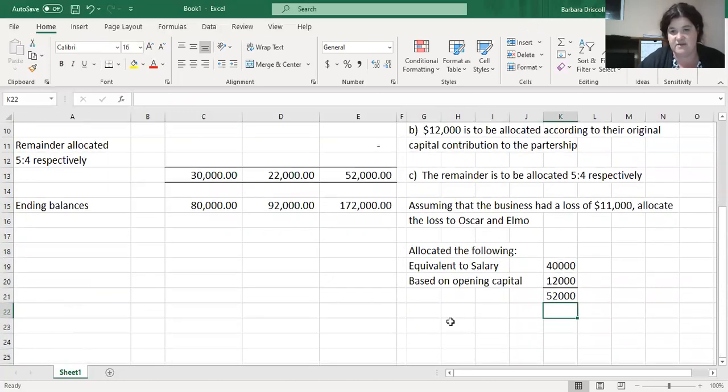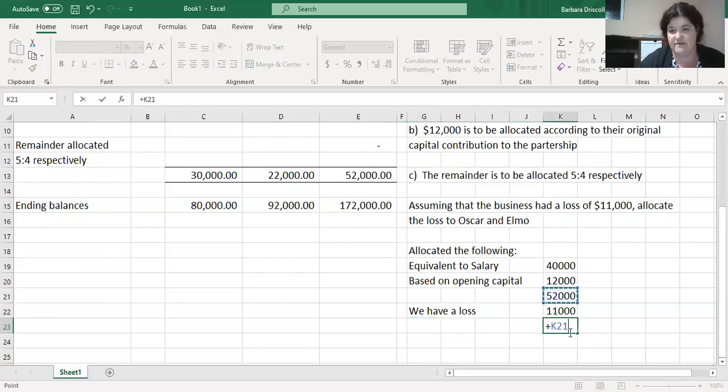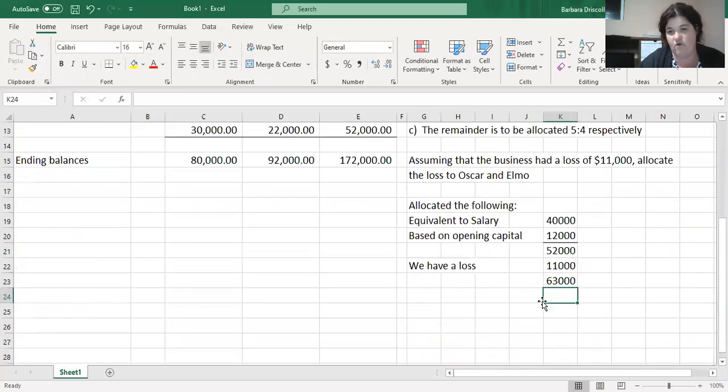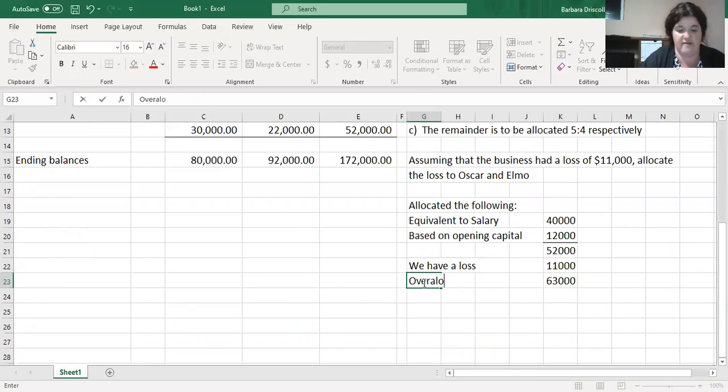but yet we have a loss of $11,000. So we have over allocated $52,000 plus $11,000. We have over allocated $63,000. So we've over allocated to income $63,000.